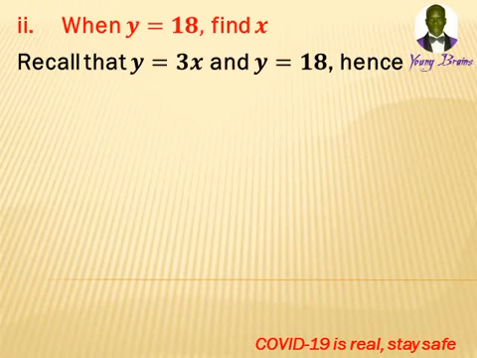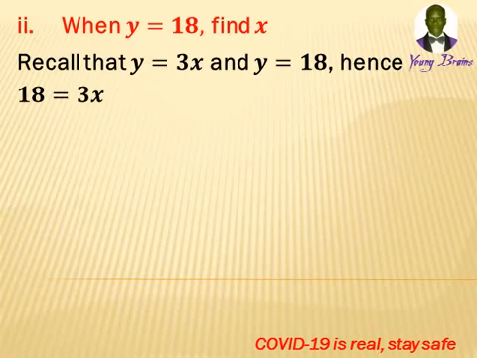Example 1, Roman figure 2. When y equals 18, find x. We recall that the relationship between y and x is y equals 3x. Then we are given the value of y to be 18 to find x.